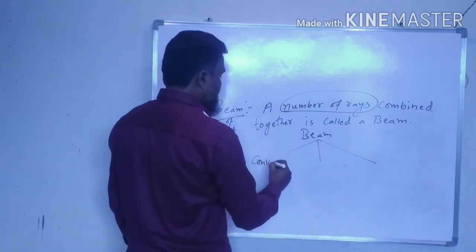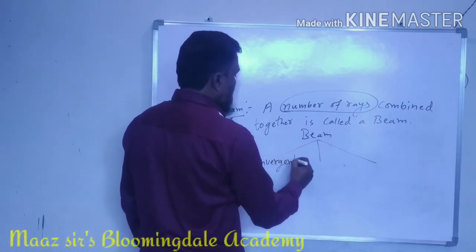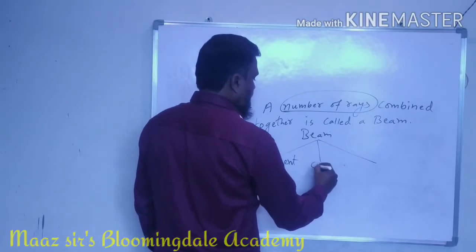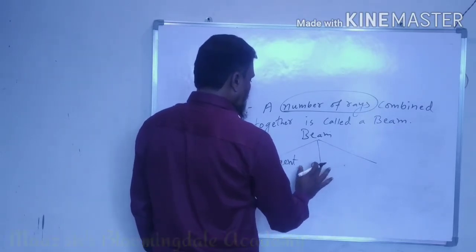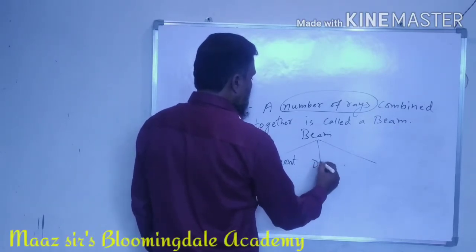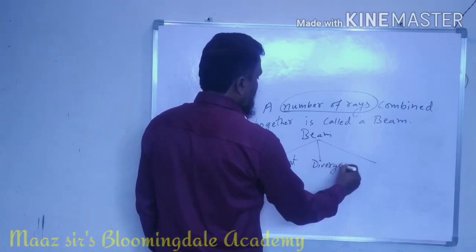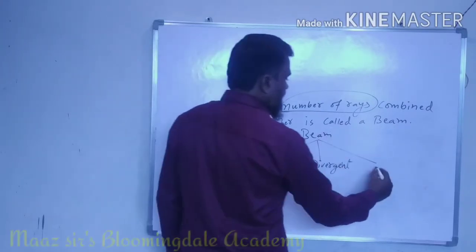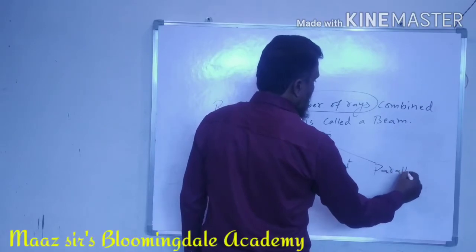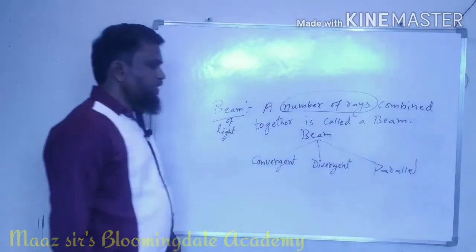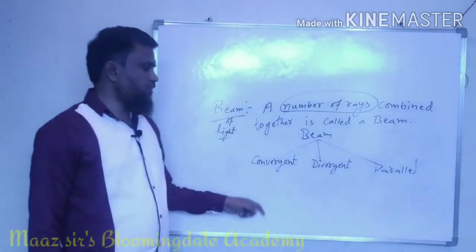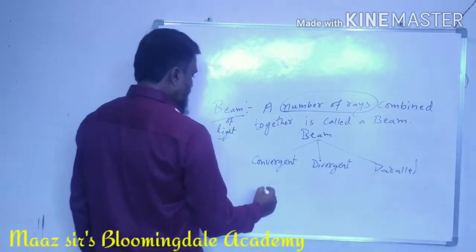One is convergent beam, the other one is divergent, and the next one is parallel beam. So the beams are of three types: convergent, divergent and parallel.